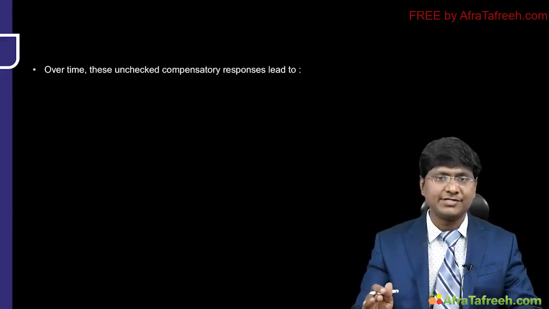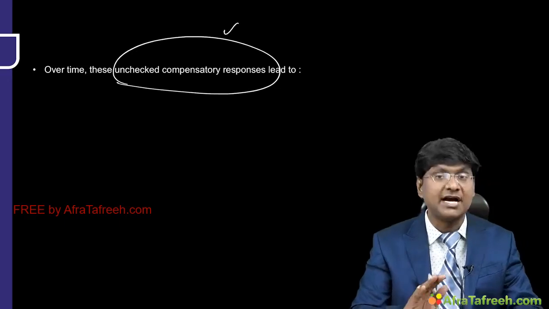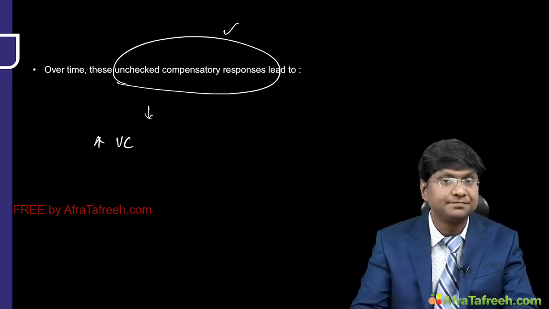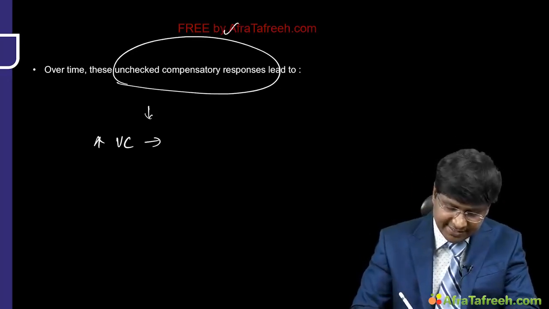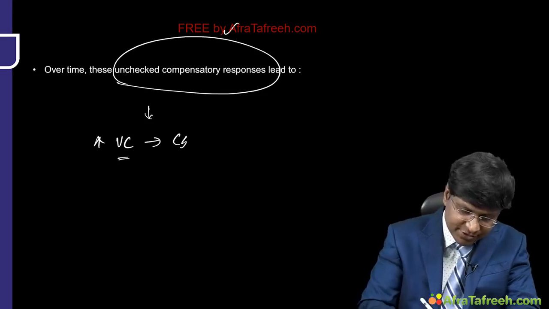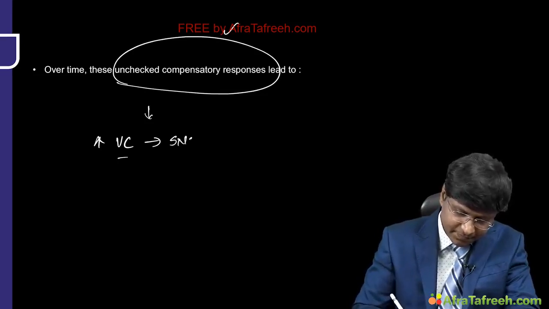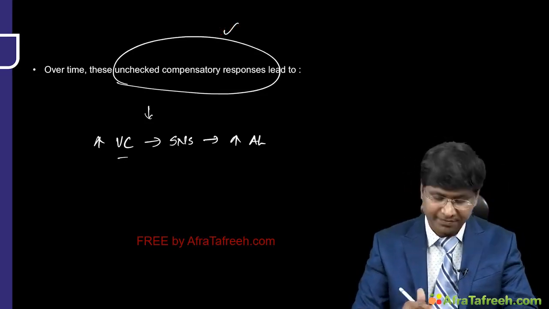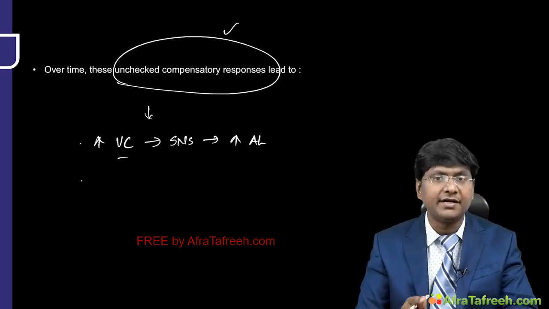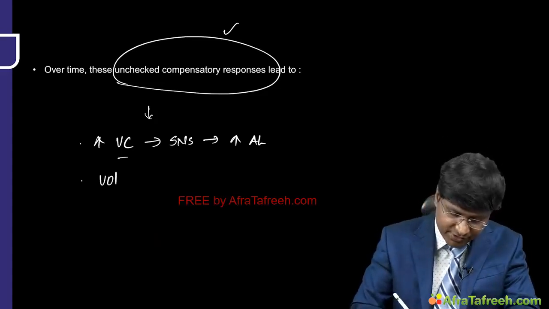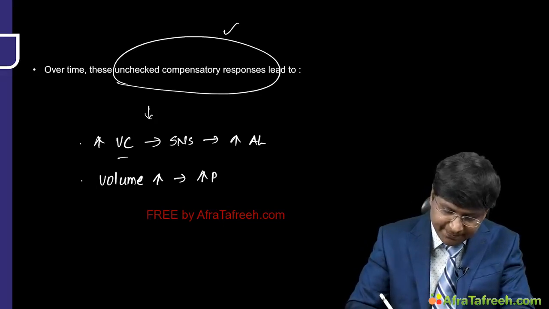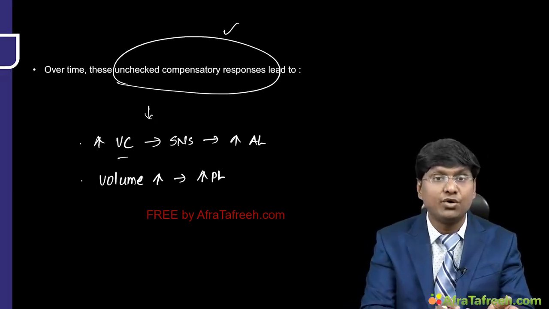Now, as time progresses, if these compensatory mechanisms are unchecked, that will lead to excessive vasoconstriction, right? That is mainly because of activation of the sympathetic nervous system, and that will increase the afterload on the ventricles. That is one thing. The second important abnormality is volume retention. That is because of excessive release of aldosterone, and this will increase the preload on the heart.